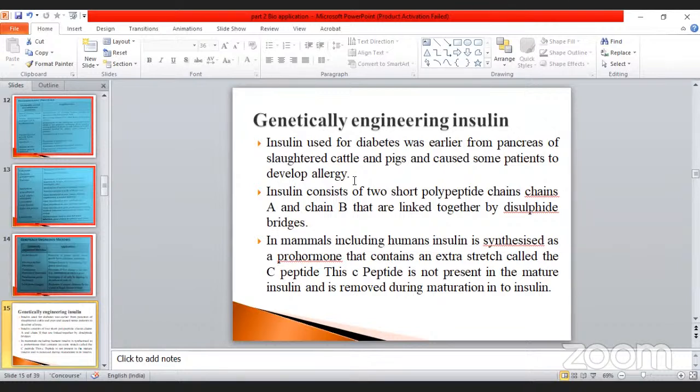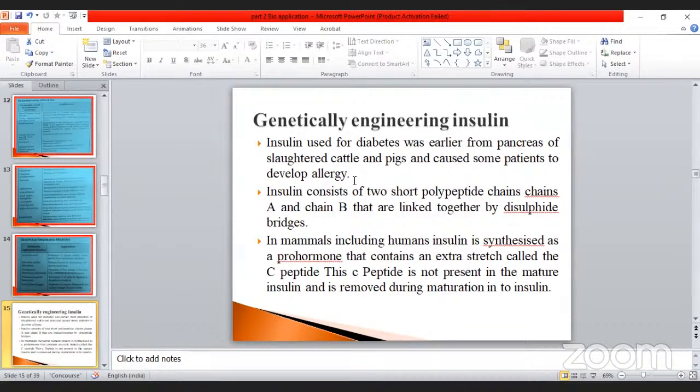Yeah. The insulin used for diabetes was earlier obtained from the pancreas of slaughtered cattle and pigs and caused some patients to develop allergy. What is the meaning? Slaughterhouse, you know what is the meaning? A place where cows, buffalo, pigs or sheep are cut. That place is called a slaughterhouse.